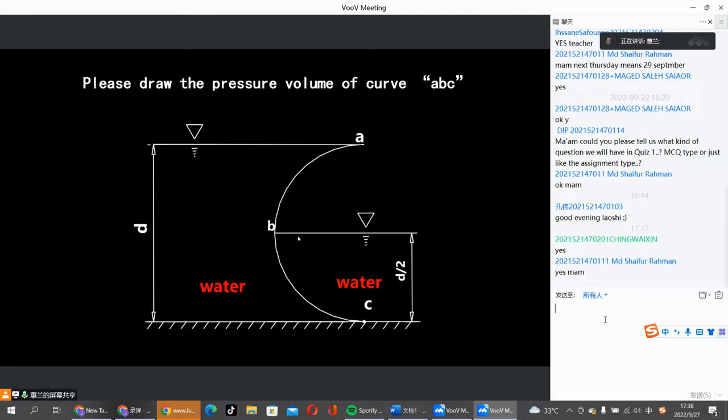Please tell me how to solve this problem. 205, if you don't reply to me, I will regard you as absent, okay? 205. No? Not here? So 205 is not here.